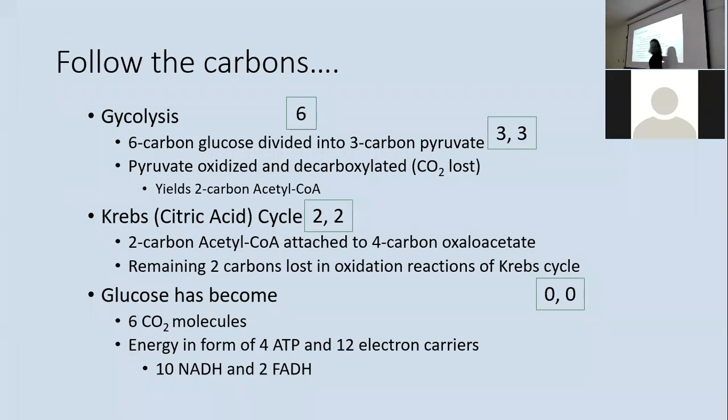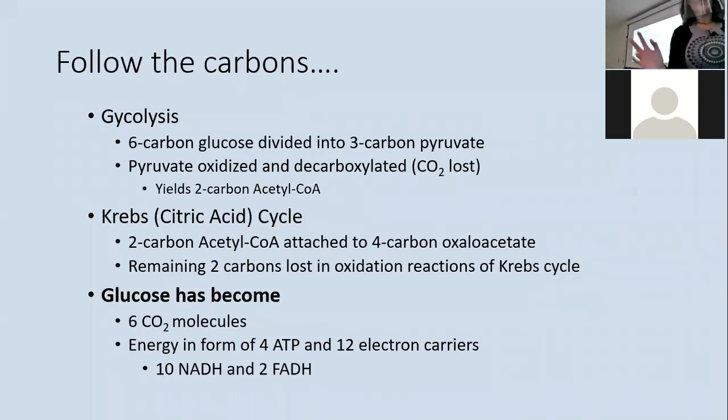We have completely pulled glucose apart, broken all of the bonds, pulled off all of the electrons we can. And so glucose has become the products of respiration: 6 carbon dioxide molecules, which are gone, and energy in the form of, at this point, 4 ATP. We actually made 6, but we had to spend 2.